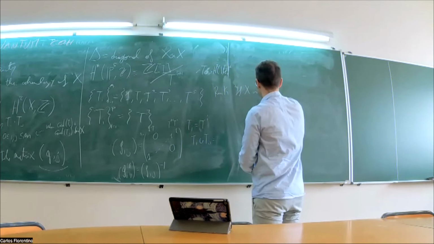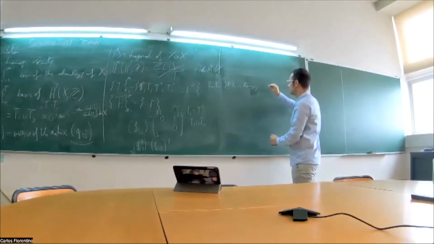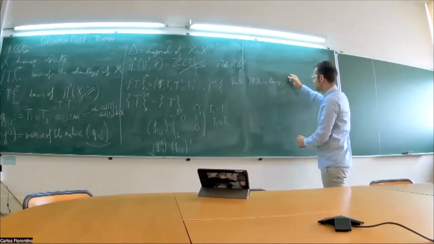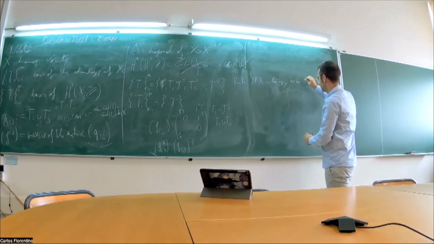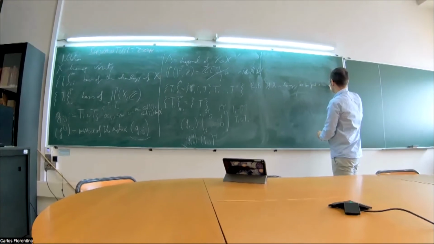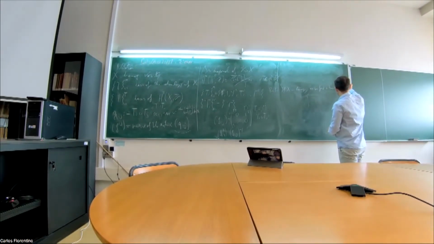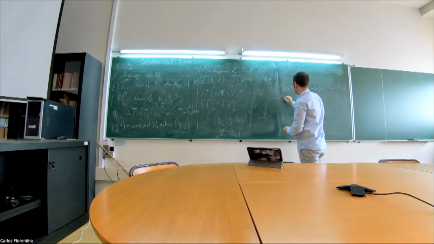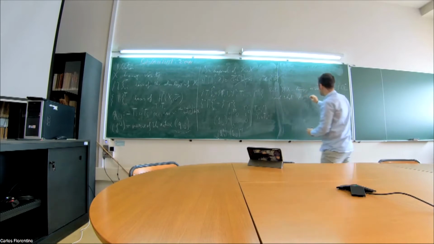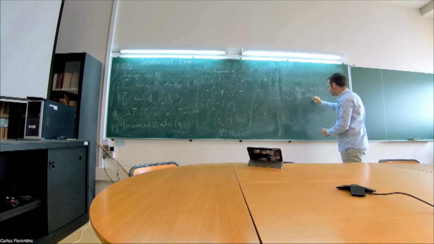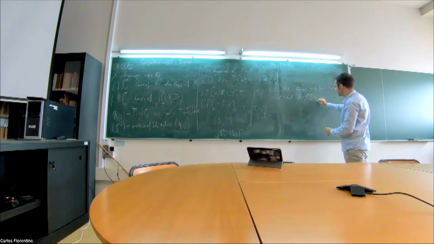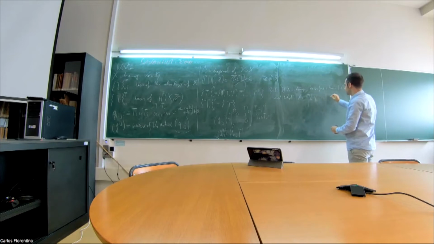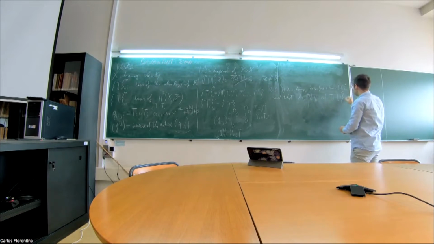If X is homogeneous, we can find a basis such that for each I there exists a unique index J, let's call it J_I, which depends on I, such that T_I meeting T_J is 0 if J is different from J_I, and 1 if J is equal to J_I.